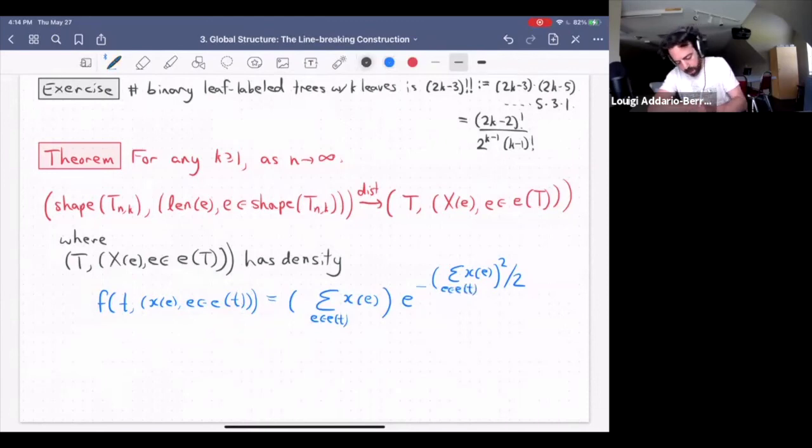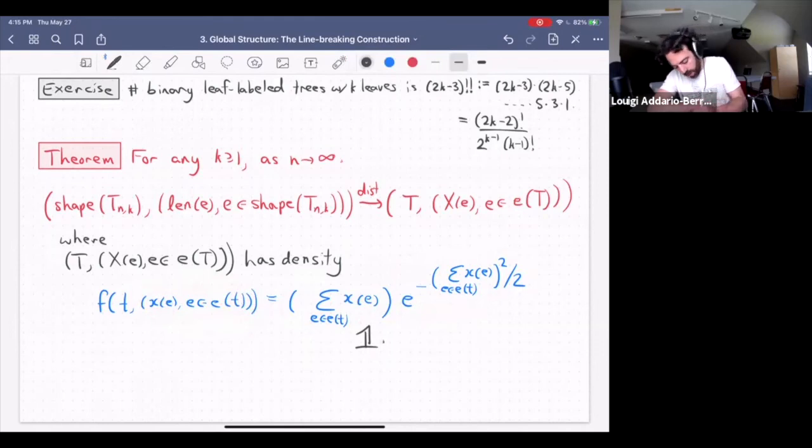This term relates to the joint density of the weights.